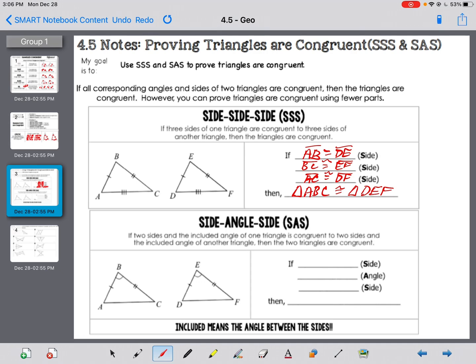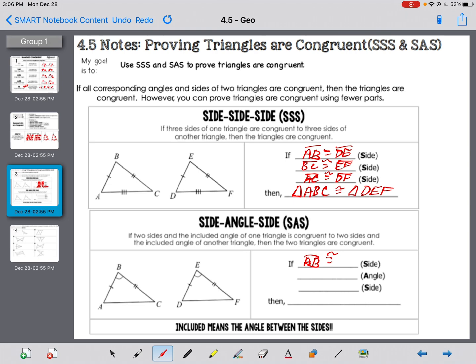Side angle side, SAS. If 2 sides and the included angle, this is an angle sandwich, of one triangle are congruent to 2 sides and the included angle of another triangle, then the 2 triangles are congruent. Just went over those on the reference sheet. Boom, here it is again. You got side, side, side, angle, side.